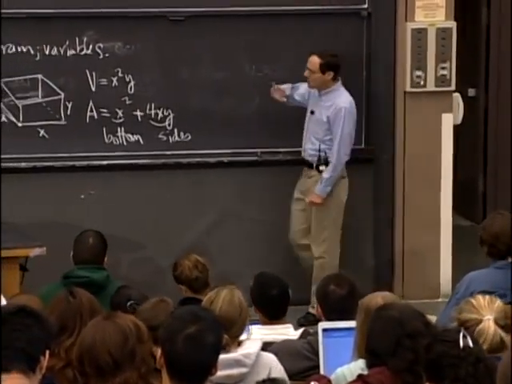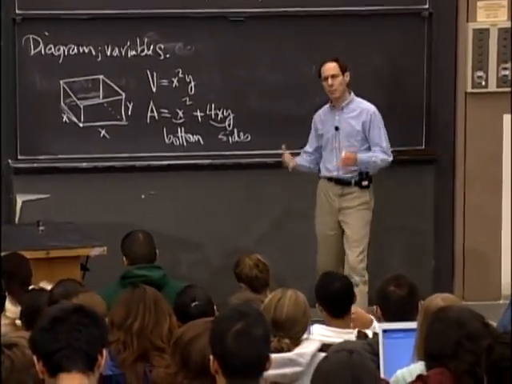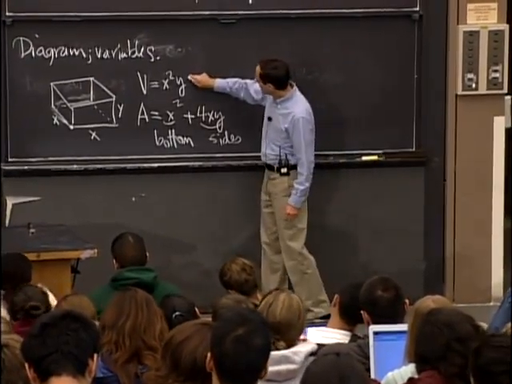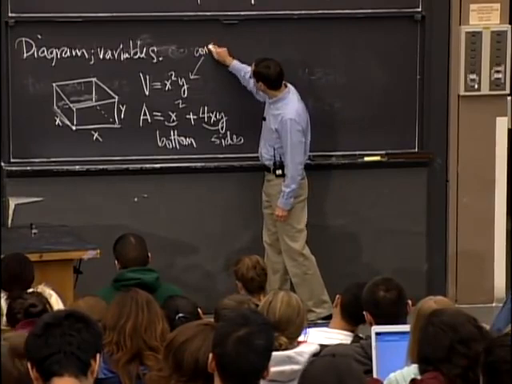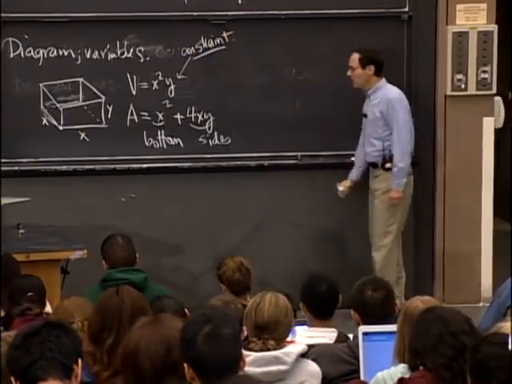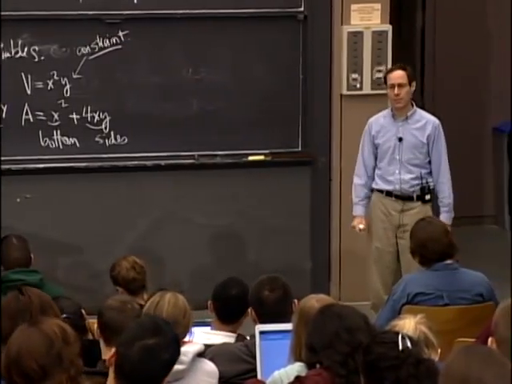Now, the difference between this problem and the last problem is that there are 2 variables floating around, namely x and y, which are not determined. But there's what's called a constraint here. Namely, we fixed the relationship between x and y.